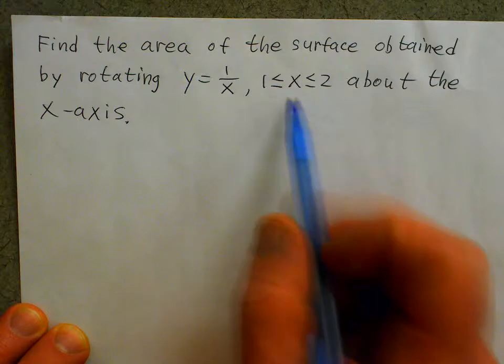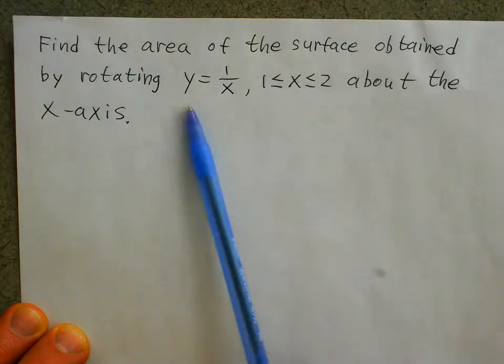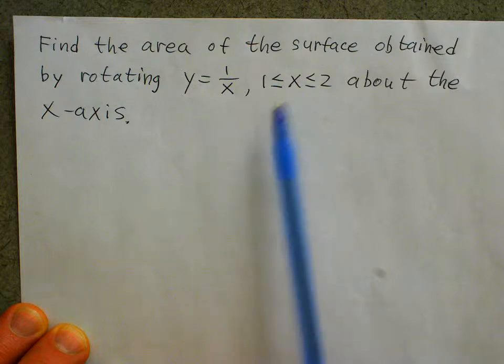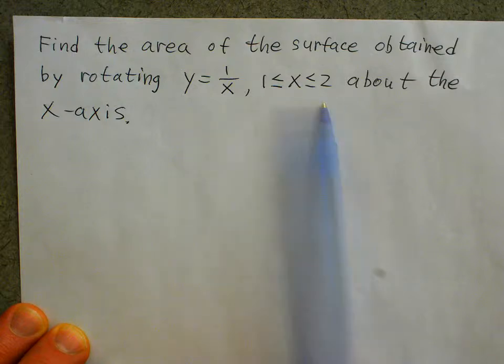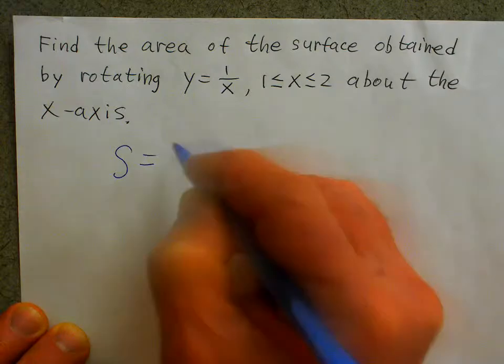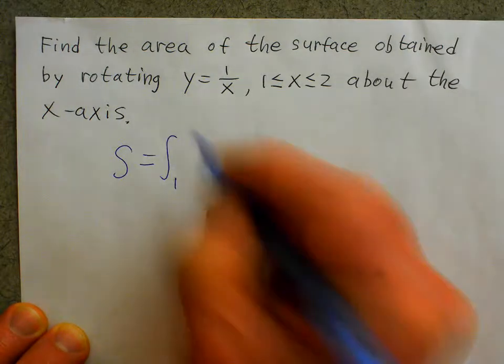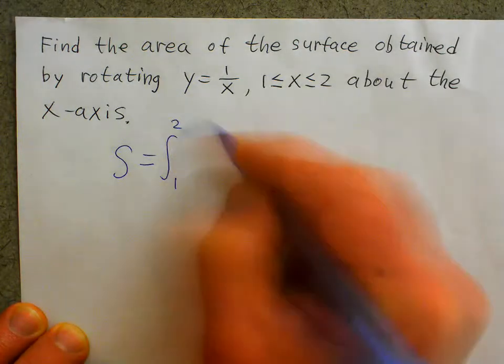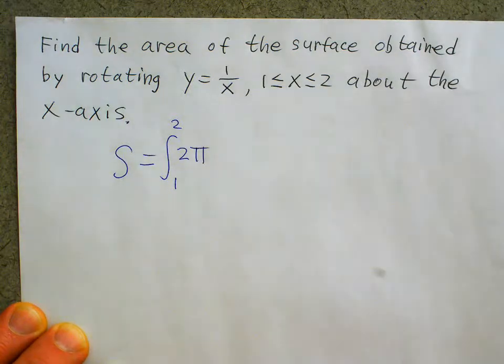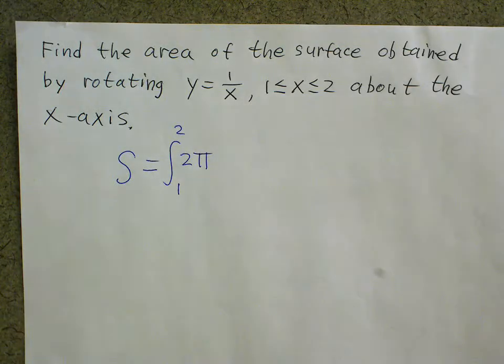The surface area that we get by rotating y equals 1 over x about the x-axis on the interval from 1 to 2 is the definite integral from 1 to 2, and then 2 pi, let's see, I got rid of the 2 pi.